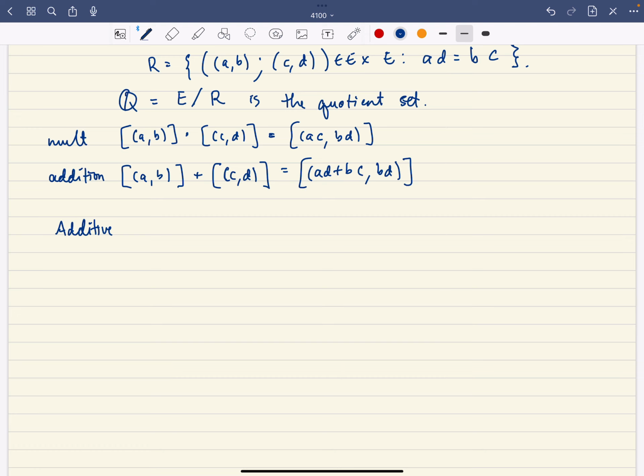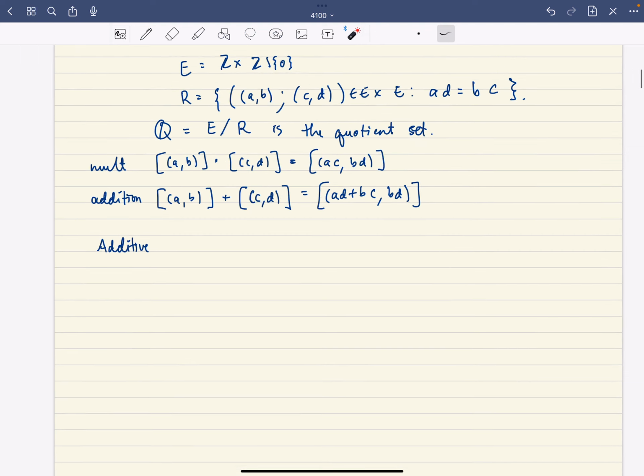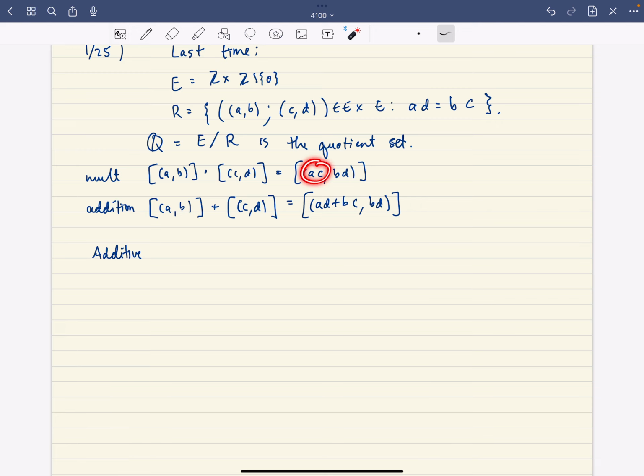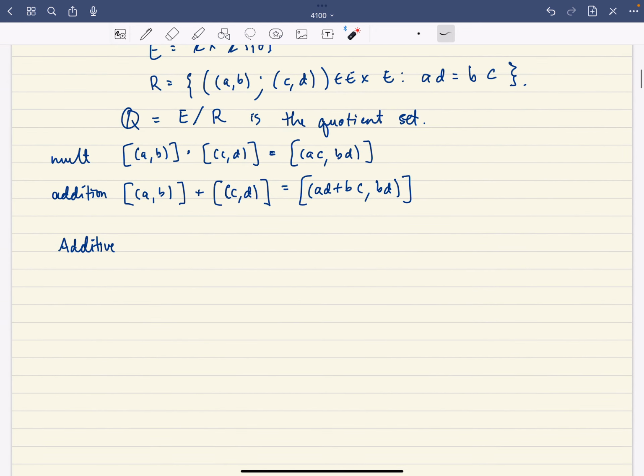They are commutative, because these operations are just on pairs of integers, and we know the integers are commutative. They're associative because the integers are associative. So you inherit a lot of the structure of the integers. You also get a distributive law, which again is inherited from the integers. So let's talk about the additive identity and the multiplicative identity.